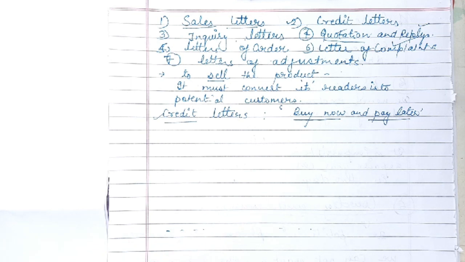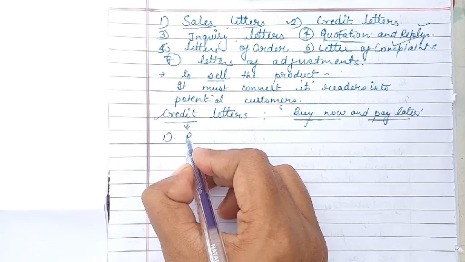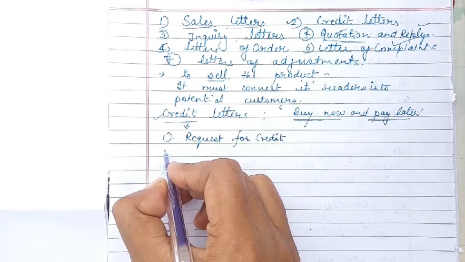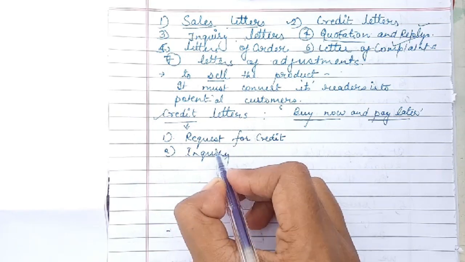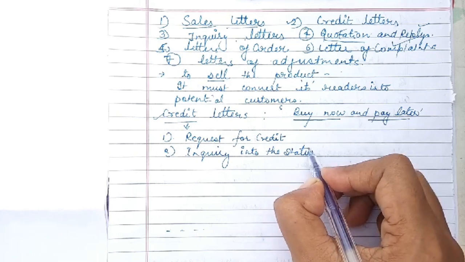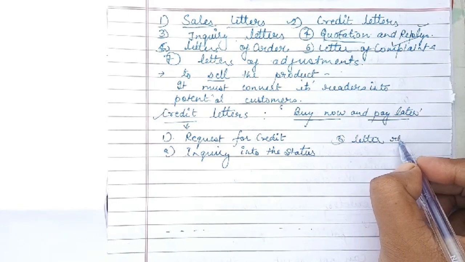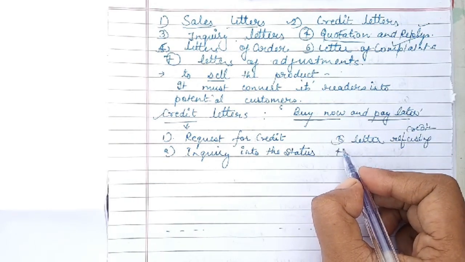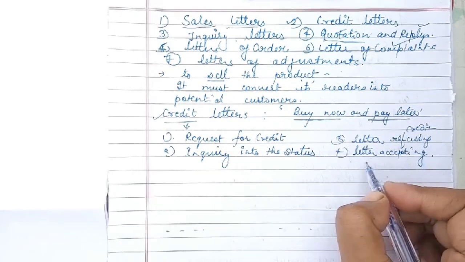A credit letter can be written in these formats: request for credit, inquiry into the status, letter refusing credit, and letter accepting credit.